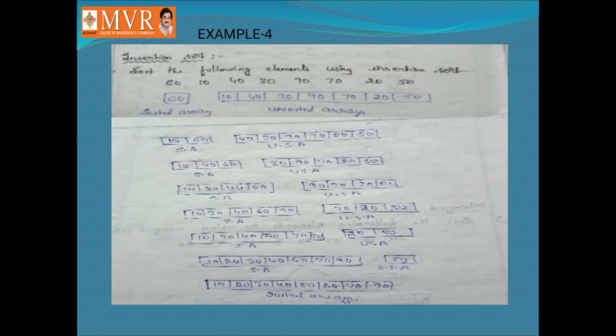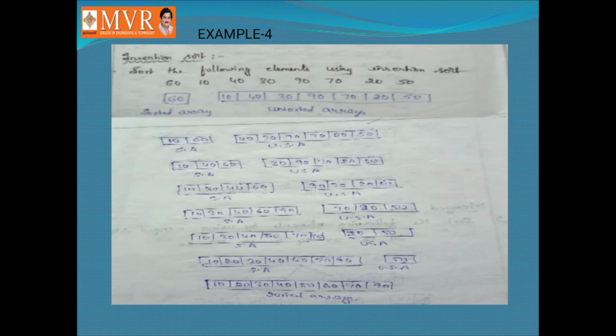In the next step, again take another element from the unsorted array, that is 70, and compare this 70 with all the elements in the sorted array, that is with 10, 30, 40, 60 and 90.